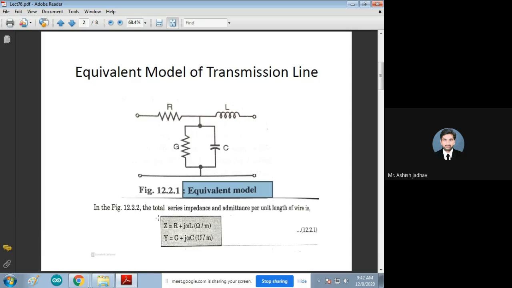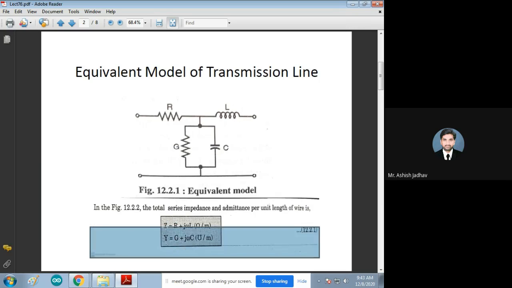Next, we have two more parameters which are derived from this. These four parameters, resistance, inductance, conductance and capacitance, are primary constants, and based on that we can derive secondary constants as impedance and admittance.